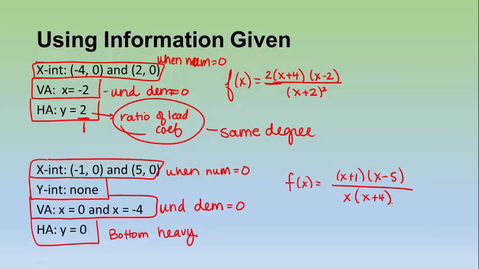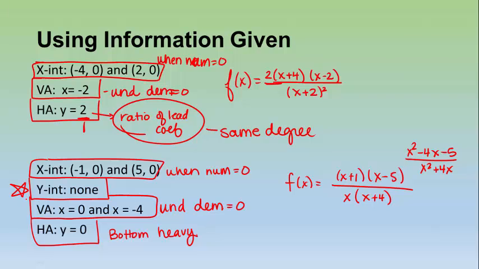So right now I have the same degree, and right now, if you were to multiply these out, you would get x squared minus 4x minus 5 over x squared plus 4x.